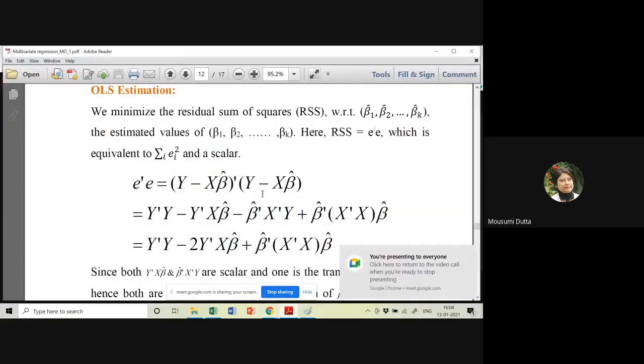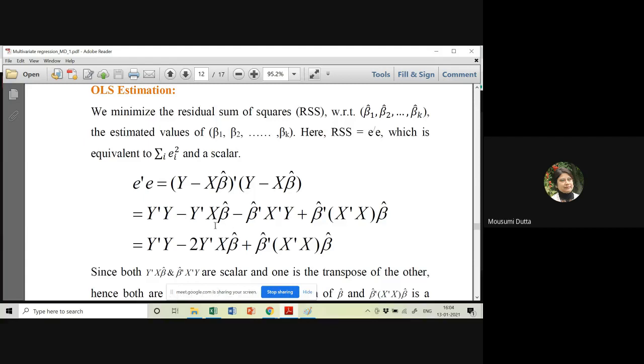When you are taking the transpose of this thing, the order will change, isn't it? When we considered the transpose of x beta hat, we got beta hat transpose x transpose. Following the same thing, when you take the transpose of this entire thing, it will no more be beta hat x y transpose; rather, it will be y transpose x beta hat, so the order will change.